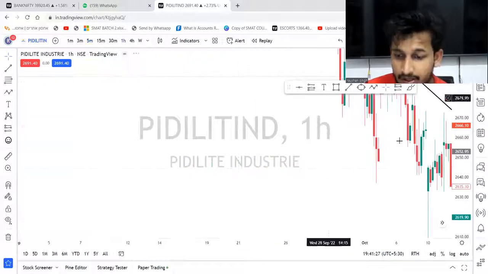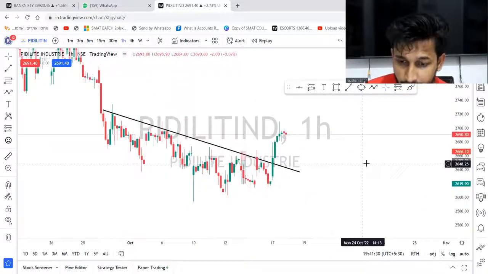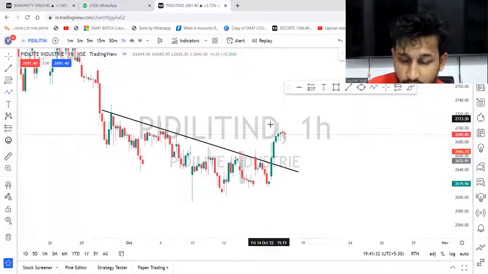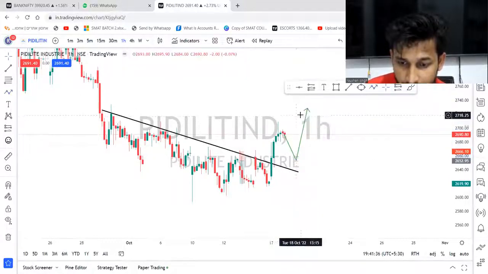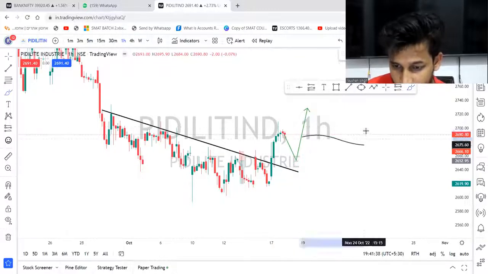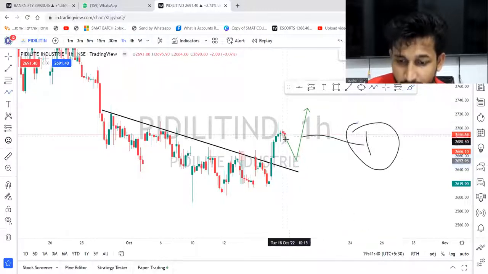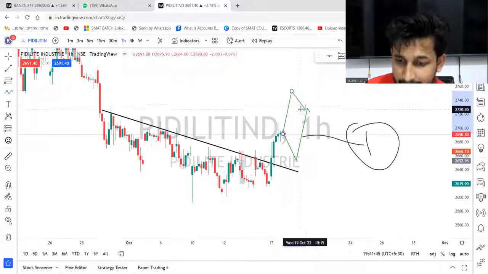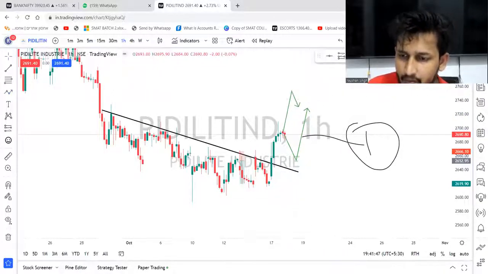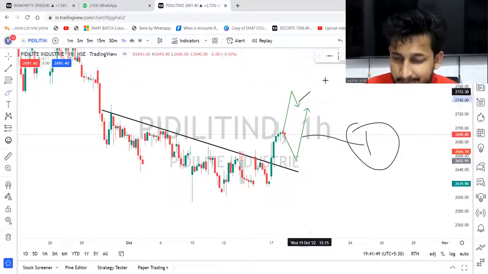Now try to understand and tell me, what do you think? This stock from here, will it come down or go up? First, this is the first option. Second option is that it will continuously go up and then come down. What is the best probability which can happen?